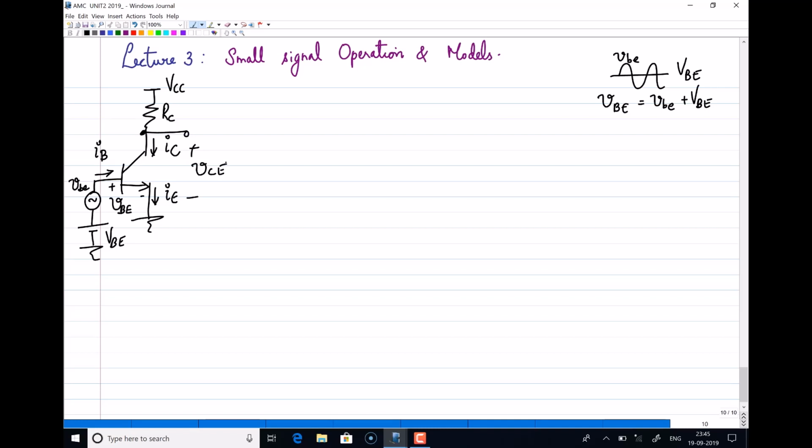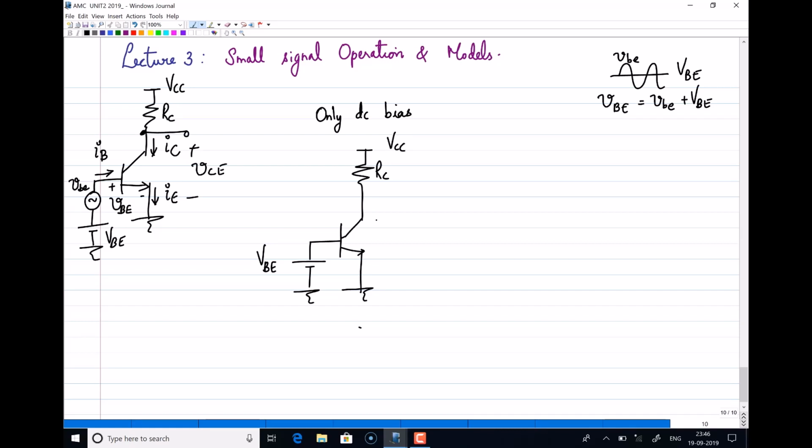Now let us analyze the circuit without the small signal first. Let me consider only the DC bias in the circuit. Here we have the DC voltage VBE, and RC, which is connected to VCC.